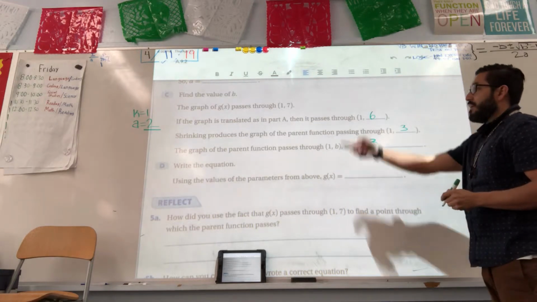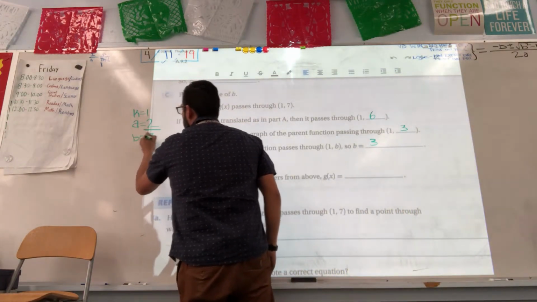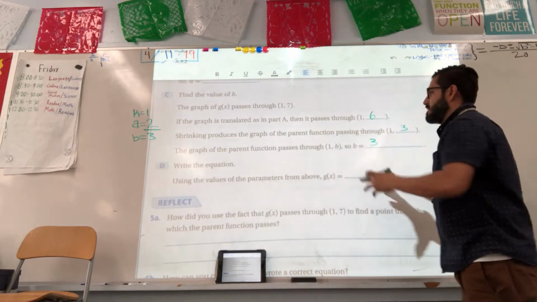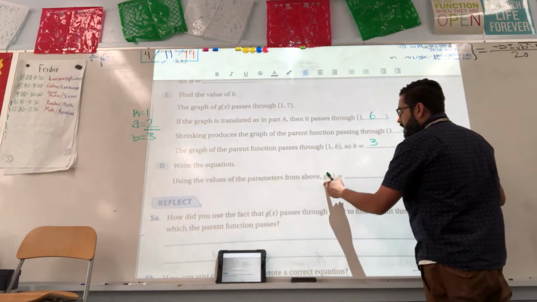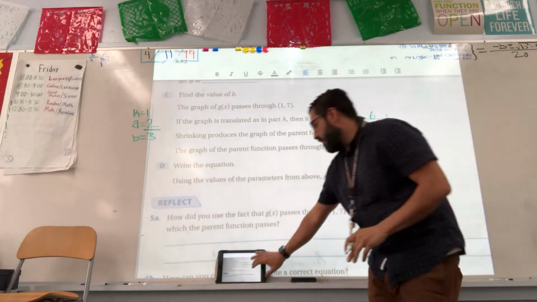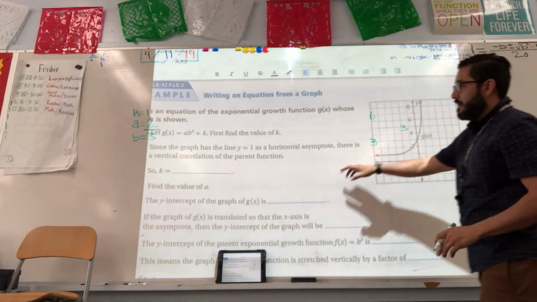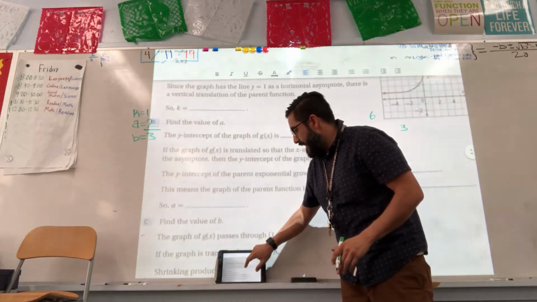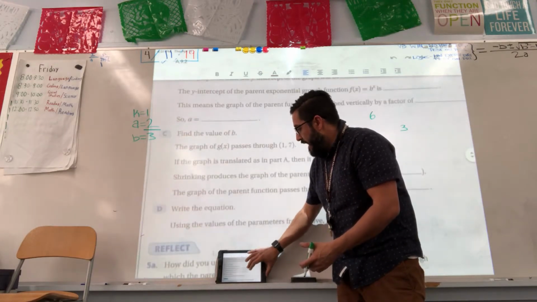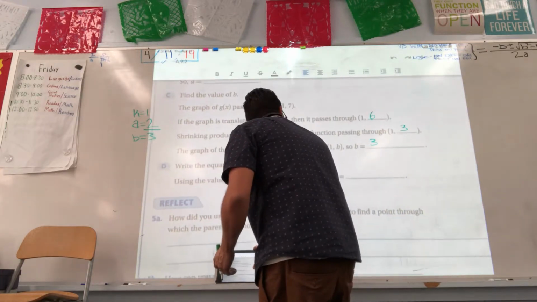All right, and now we can use all this information to write our equation. If you're getting confused, stop and go back and listen to this, because it will make sense as we go through it. We went through and found k. Then we figured out what a was, what factor we're stretching the graph by, and now we've looked at how we get our b.